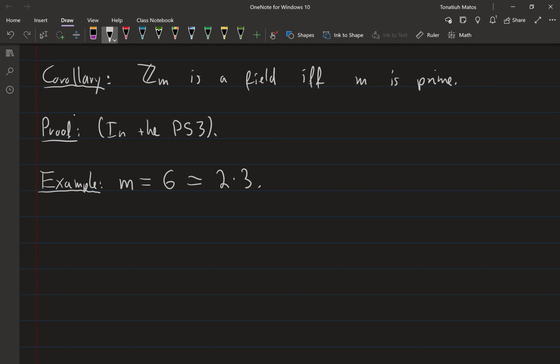The reason is that 2 is not invertible. 2 has no inverse mod 6, right? 2 times 3 mod 6 is 6, which is 0. So you can find two non-zero elements whose product is 0.